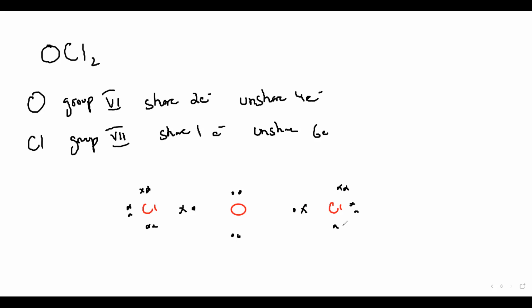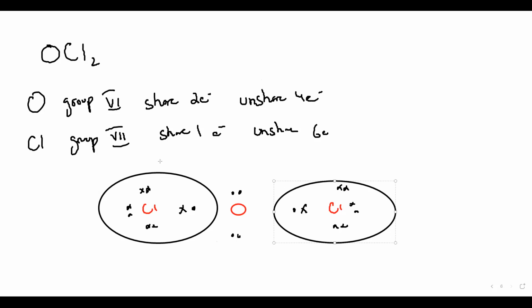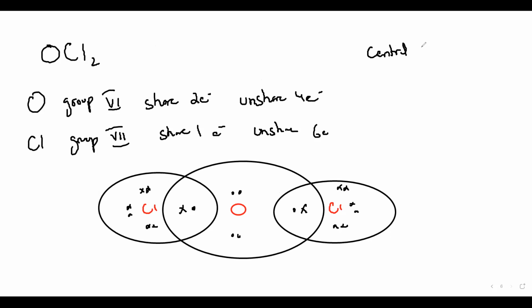chlorine. So when we predict the geometry, the shape, we always predict from the central atom. We don't check all the atoms, even though chlorine also has lone pairs, 6 lone pairs. But when we predict the geometry, we always check the central atom, and in this example it is oxygen. When we check oxygen, how many bond pairs are there?